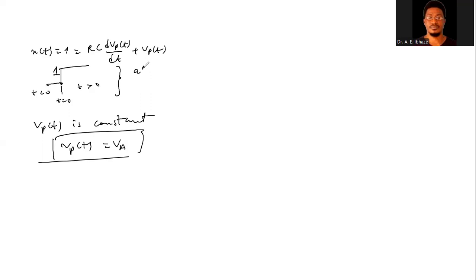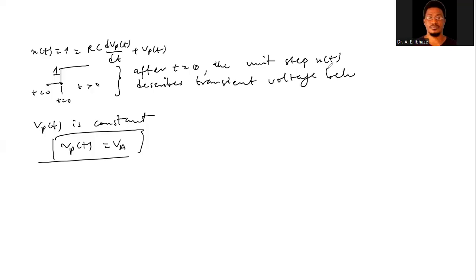So after t equal to 0, the unit step U of t describes the transient voltage, then the capacitor voltage responding to the step is called the step response.